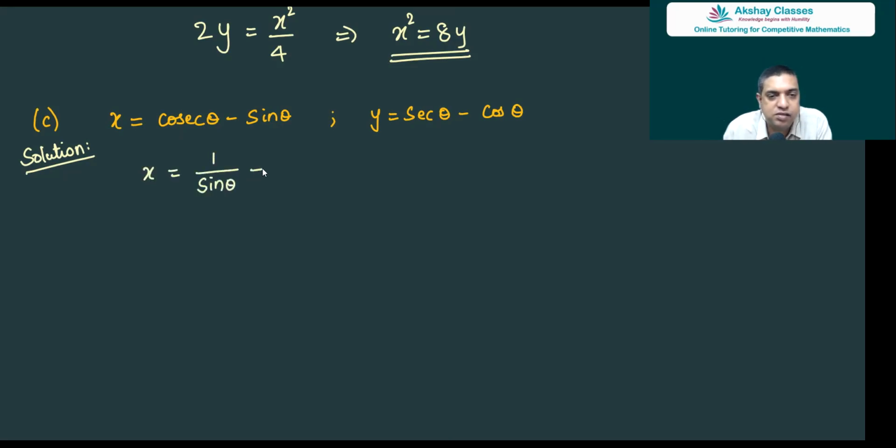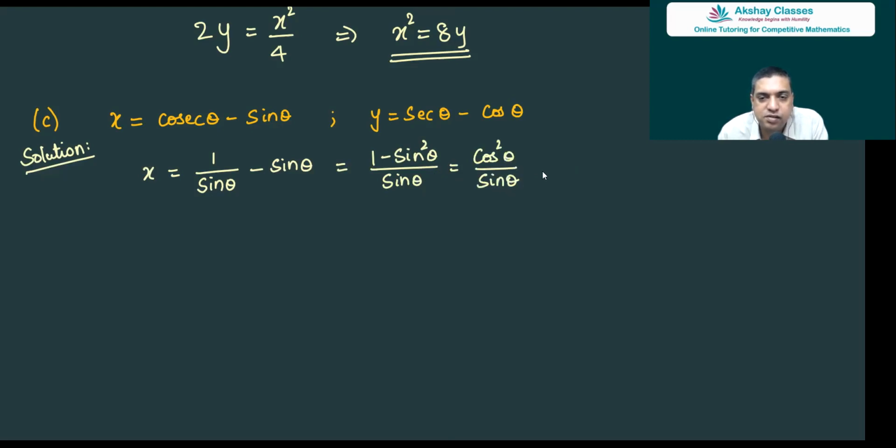1 minus sin square theta by sin theta. Same way, 1 minus sin square theta is cos square theta. So x is cos square theta by sine theta.